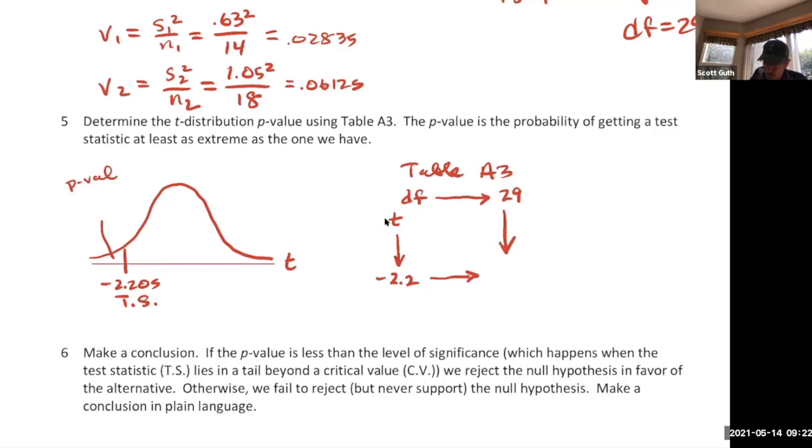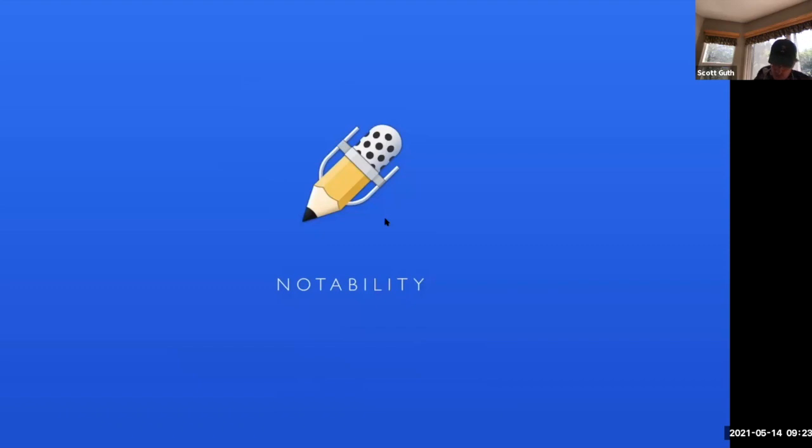So that's table A3. I don't think I have this here. So unfortunately, you're going to have to look at the notes for chapter 7 to see this table. So let's see if I've got this here. I don't know what I've got. So unfortunately, I'm going to have to leave this note. Negative 2.2 and 29. I think I can remember that.